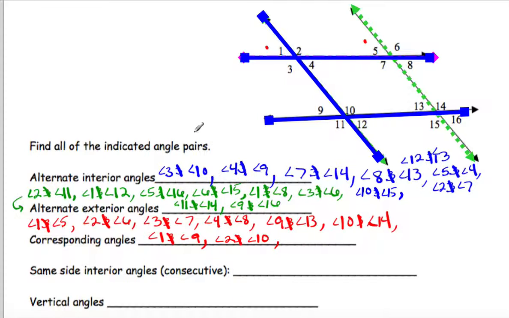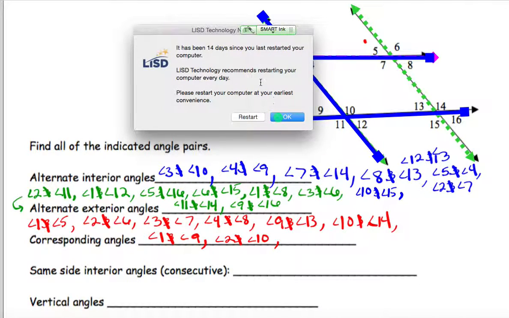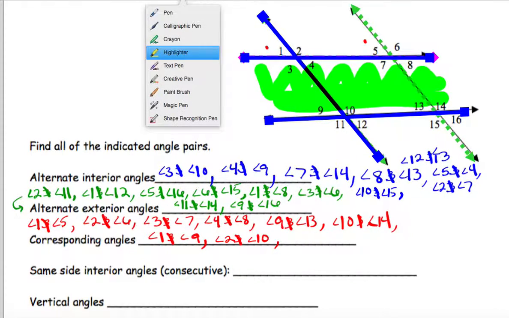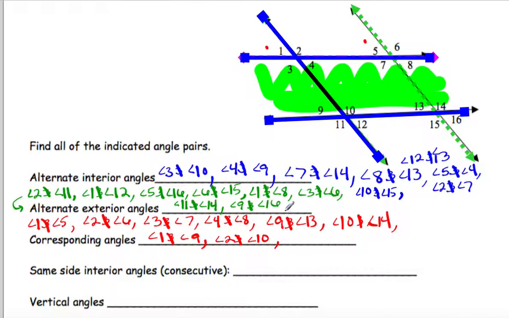All right, let's talk about same side consecutive interior angles here, same side interior angles. If I'm talking about the top line and the bottom line, then the interior would be this region here. All of these are in the interior. So if we're talking about consecutive interiors in this green area, then we would have angle 6 and angle 3.